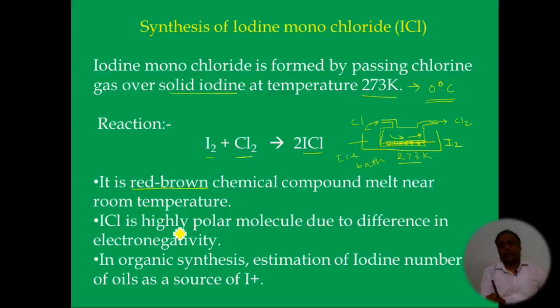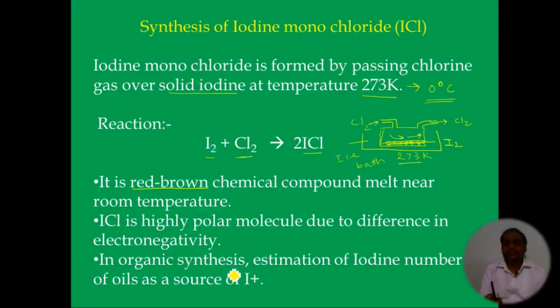Iodine monochloride is a highly polar molecule due to the difference in electronegativity. Why is it polar? Because iodine and chlorine have a difference in electronegativity, and because of this difference it shows polarity. That means it is more polar, and that's why it is more soluble in polar solvents.